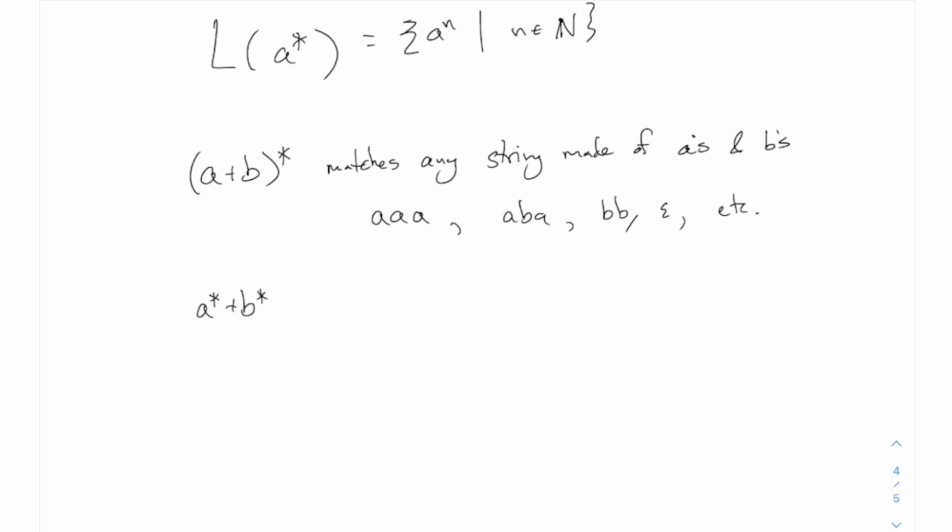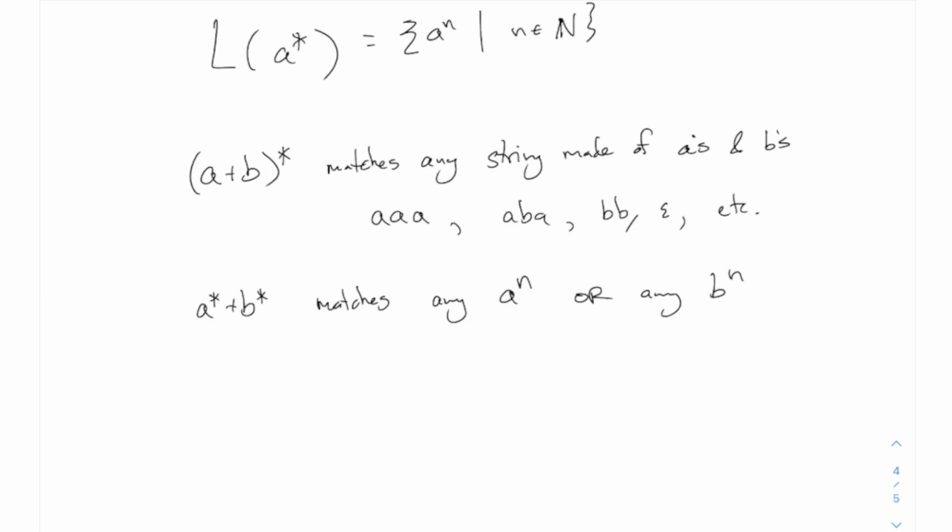So this actually matches any A to the n or any B to the n, which is quite different from the A plus B star. All right? I don't know if anybody was going to ask me, can you distribute the star across addition? The answer is no, because those are different, right? A plus B, the whole thing star, is not the same as A star plus B star.